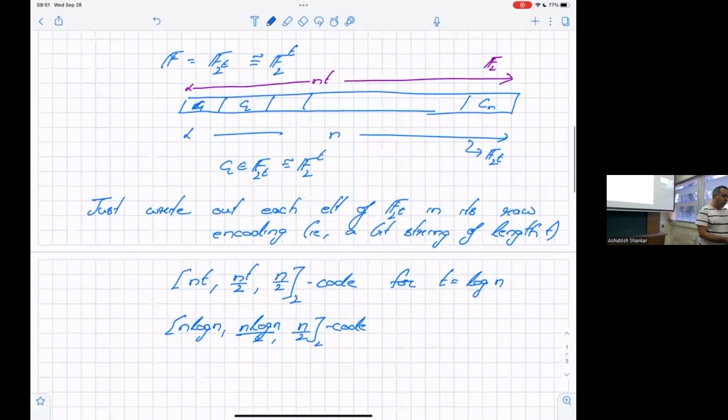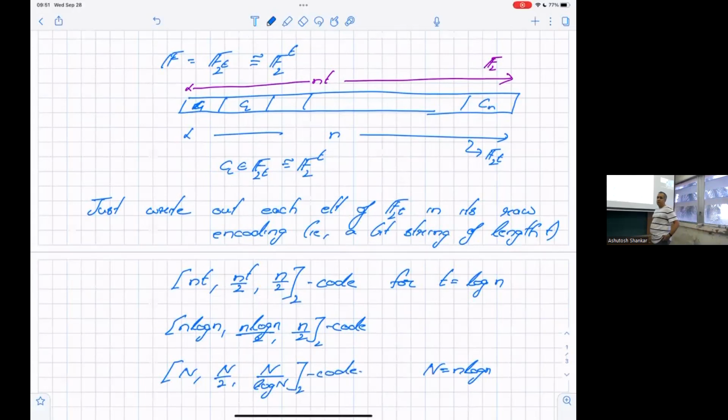Or if you now call capital N equal to n log n, this is roughly like an N, N by 2 over log n code. Log of small n? Log of small n.